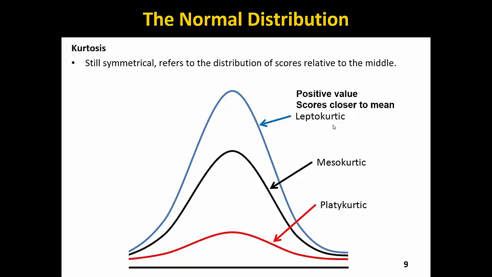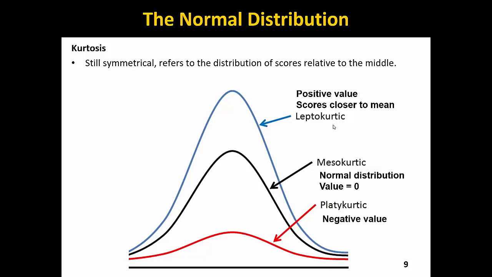And in this type of distribution, as we see here, it's much narrower and the scores are much closer to that middle part that divides it up into both halves. So the scores are clustered closer to the mean. The mesokurtic is technically the normal distribution that has not changed its shape, and its kurtosis value would be 0.